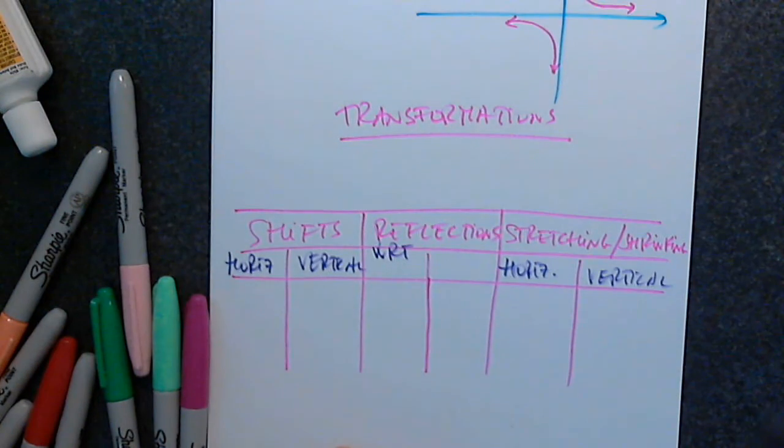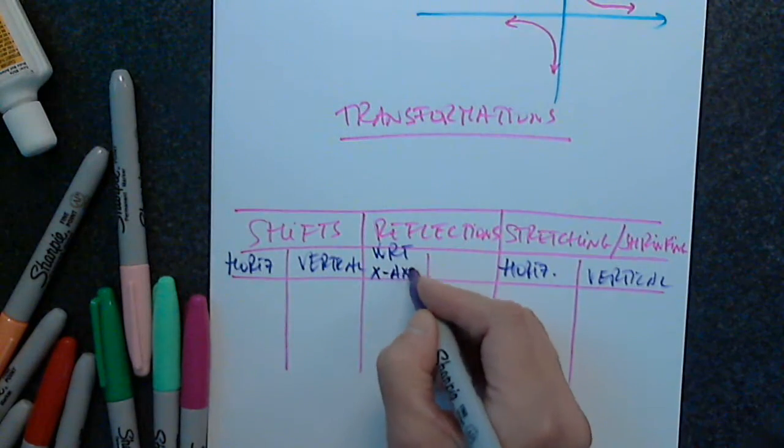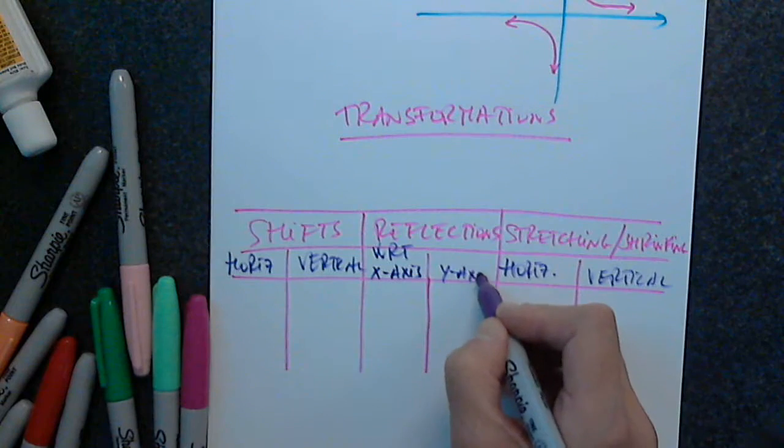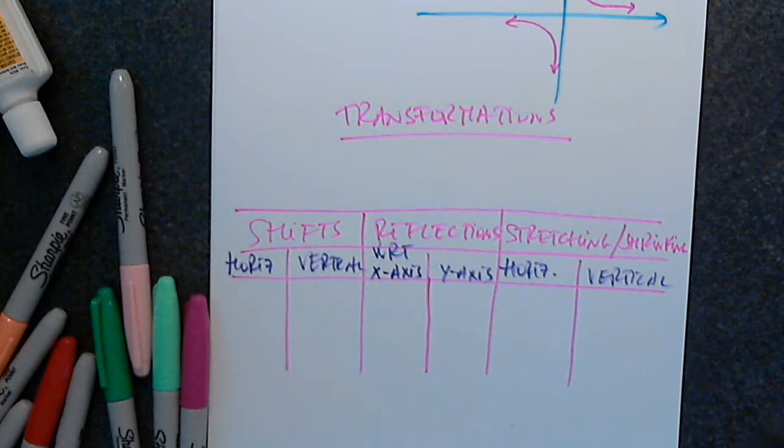WRT, with respect to the x-axis and the y-axis. So we're going to look at 6 different situations. 1, 2, 3, 4, 5, 6. Okay.